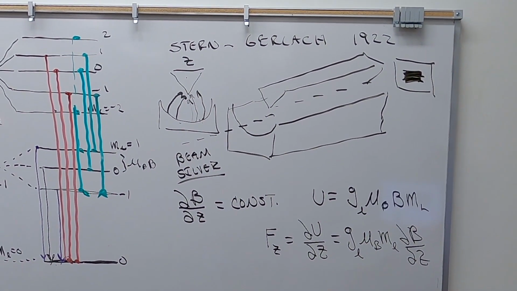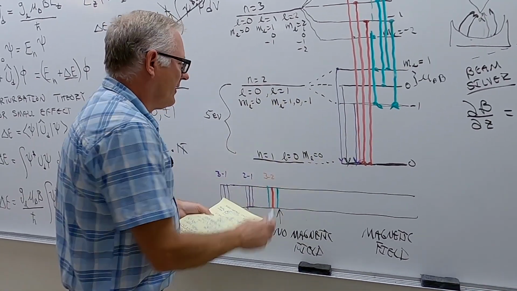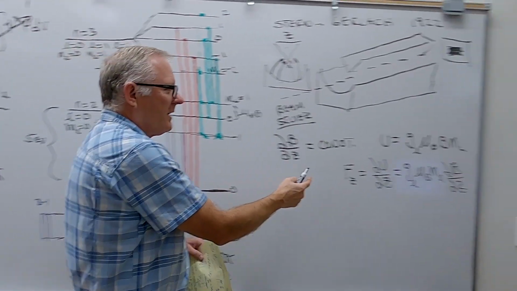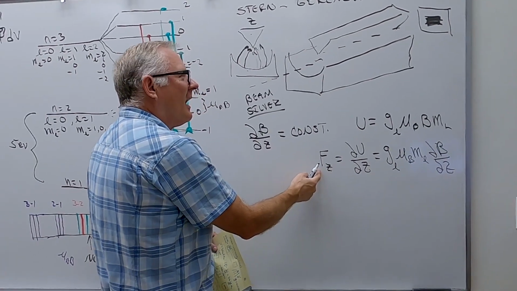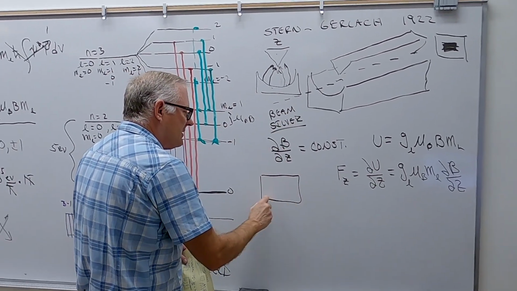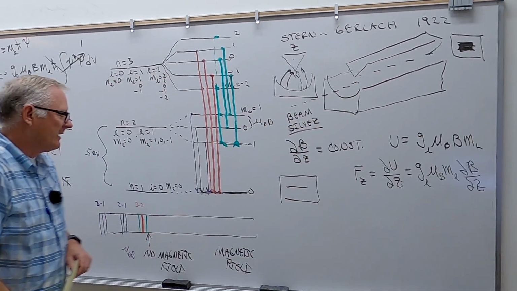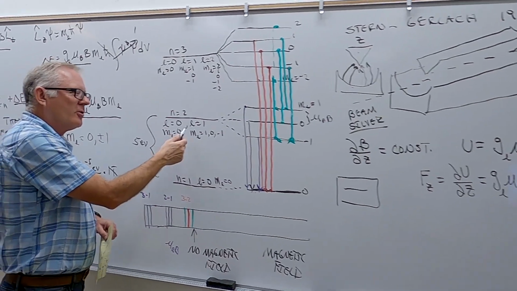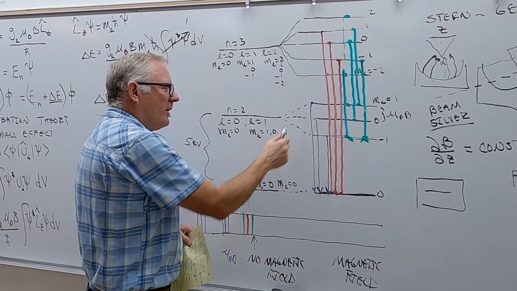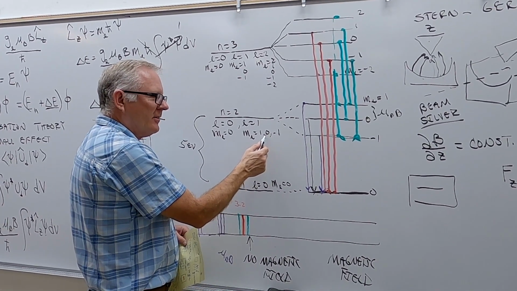Now, if we're talking about our atoms here, we know that for this case, m sub L is 0. If you plug that into here, it would not move at all. You would just get that line. Wherever your beam was here, it would just go straight on through. It wouldn't have any force. For this other case, you would see 3 lines, because you'd see a force pushing it up, a force pushing it down, and no force.